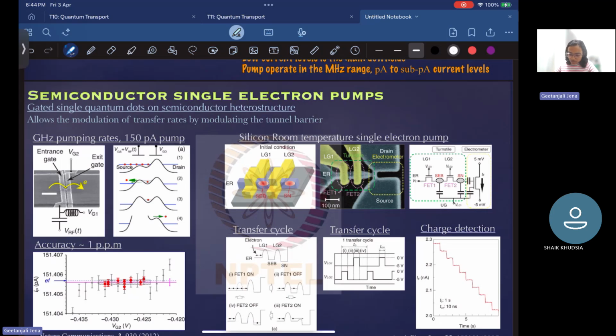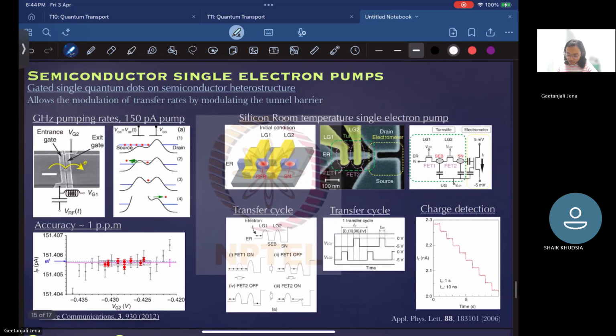So if you see this first graph, these are semiconductor single electron pumps, and you can see that you can control the tunnel barrier in a flexible manner, and make the electrons tunnel one by one.